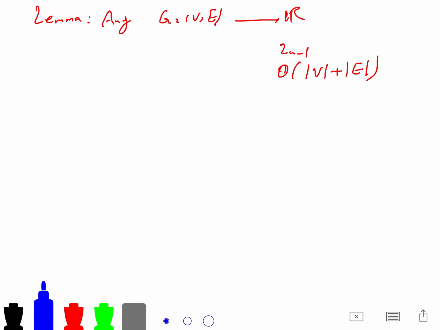So the intuition is very similar because we are using an Euler tour.